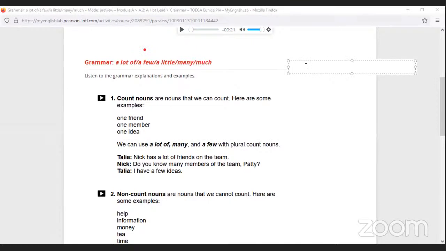So when we talk about these quantifiers, we are talking about count nouns and non-count nouns. Okay, so the first one that we have is count nouns. We are talking about things that we can count, for example clothes, shoes, tables, TVs.